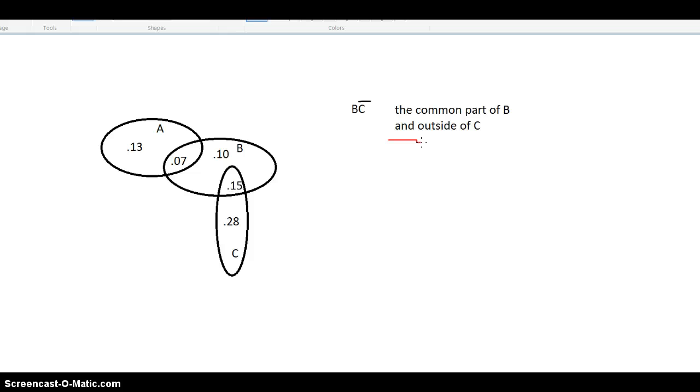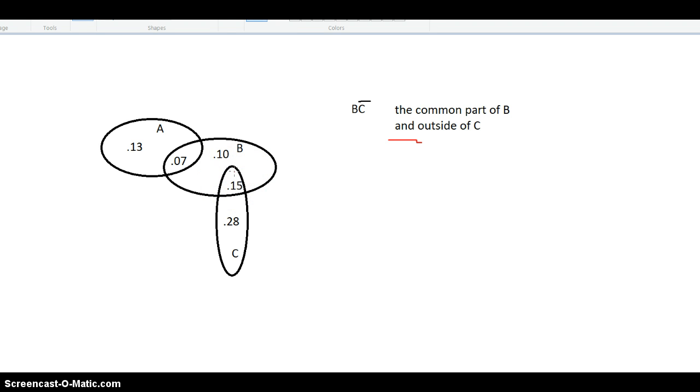also falls outside of C. So let's first focus on the inside of B, because we want a section inside B. So look at the entire circle B. And inside B, we have three little sections. We have this little section here, this big section here, and this little part here.